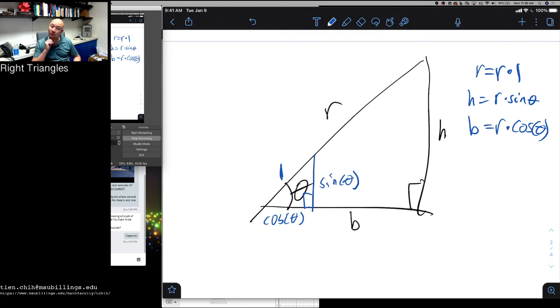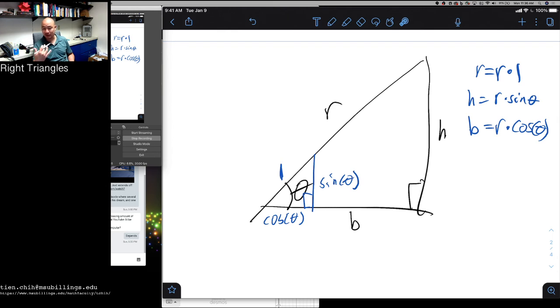And so what you can get from that then is that everything still has the same proportions to each other as in the right triangles with hypotenuse 1. This is cosine, sine, 1, and this is cosine times r, sine times r, 1 times r.